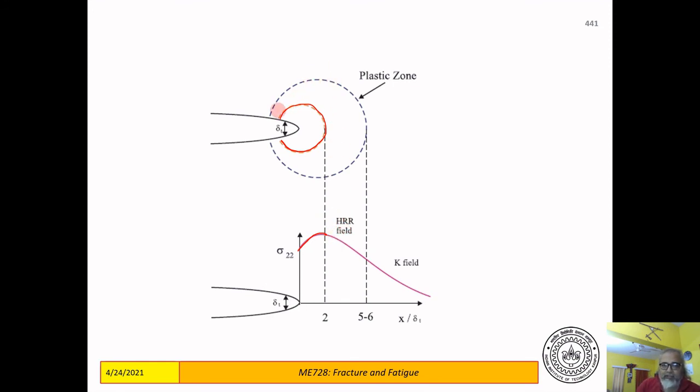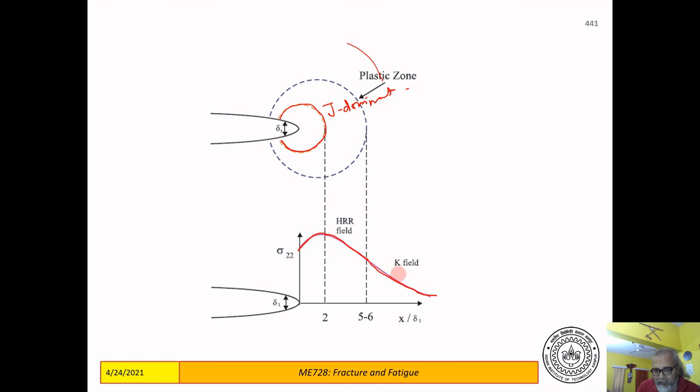Then you have this plastic zone, which is dominated by J, and in this region the HRR fields hold, and this is the HRR field. And if you have small scale yielding, then outside this you might have the K field, the Williams 1 by square root R field taking over.